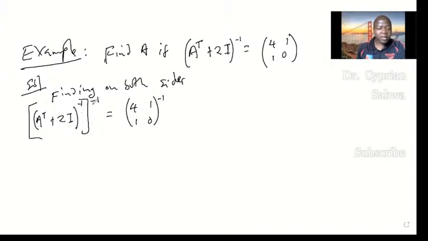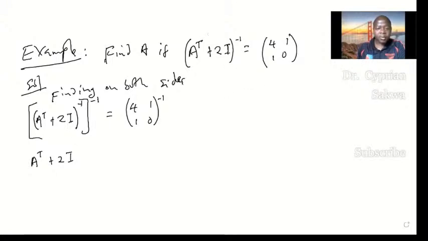The inverse of this inverse would just be A transpose plus 2I. That's what we learned: the theorem says that the inverse of A inverse is A. Supposing this is A, then the inverse of its inverse is just A.